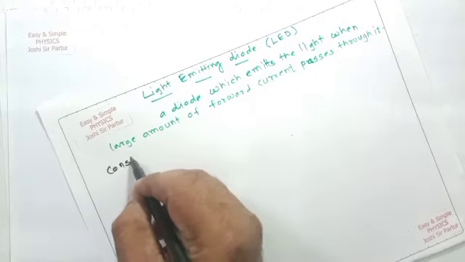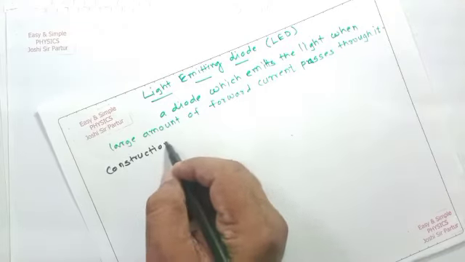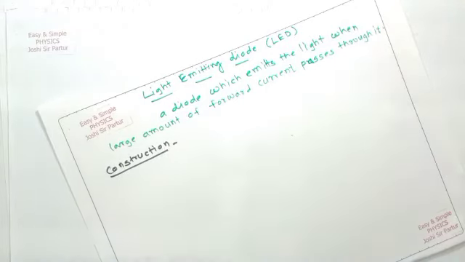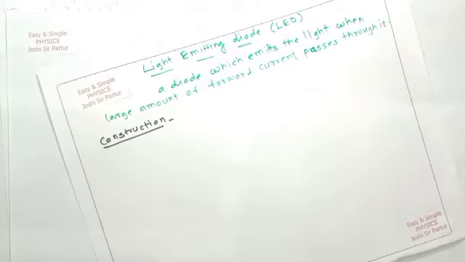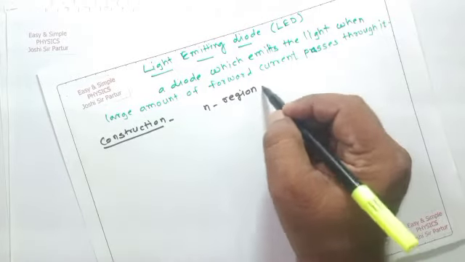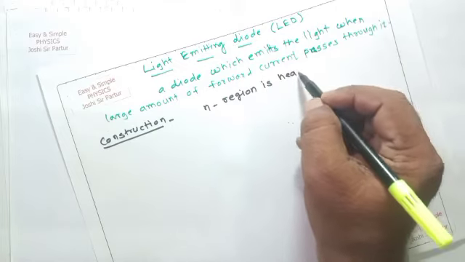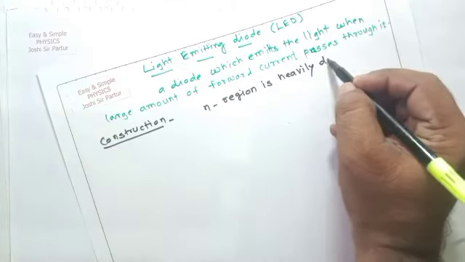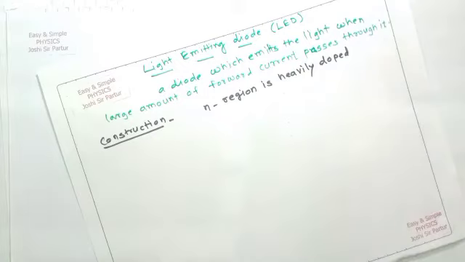So we want to see the construction. Here the N region of the PN junction diode is heavily doped, heavily doped compared with the P region of the junction diode.